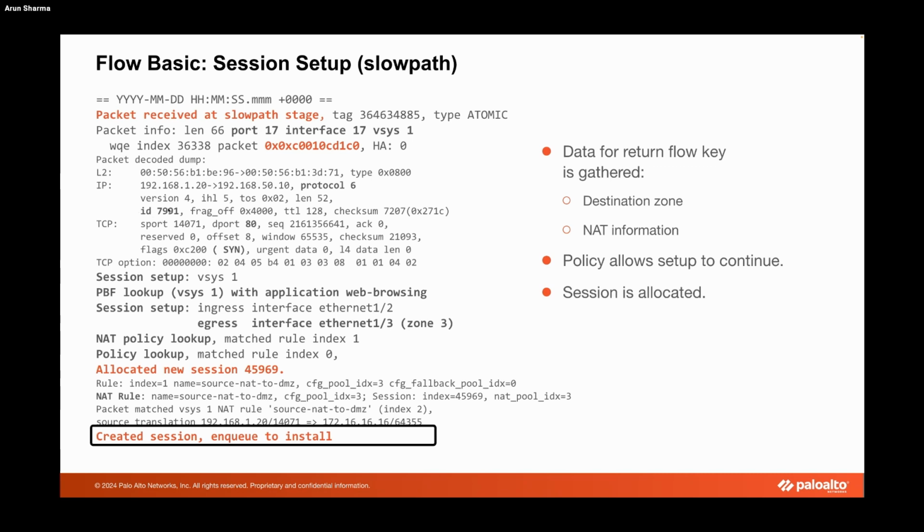Now, this ID could be in the receive stage PCAP or the transmit stage PCAP, but because we know this is a slow path, it will be in the receive stage. But you can investigate all the packet captures using this ID. It could be in drop. So remember, this ID is the key when you are trying to compare.